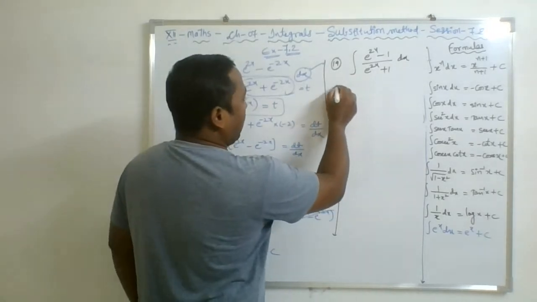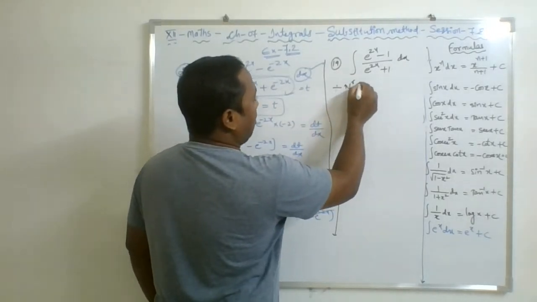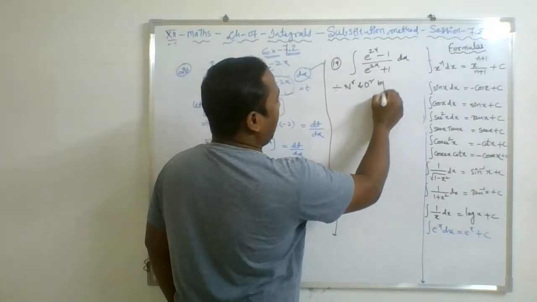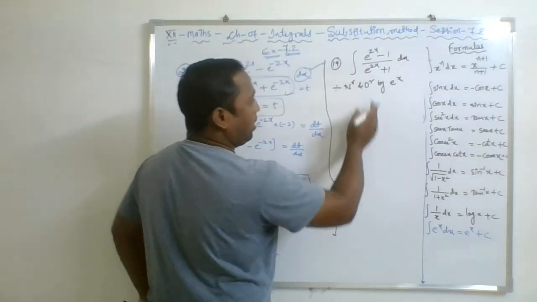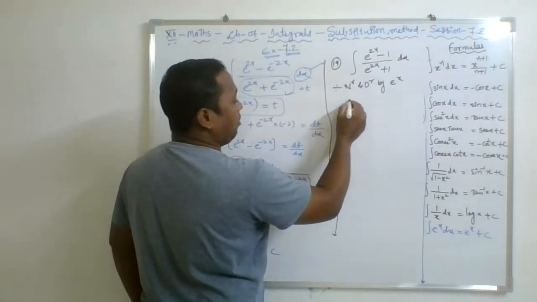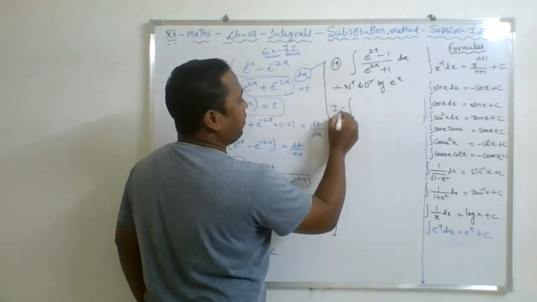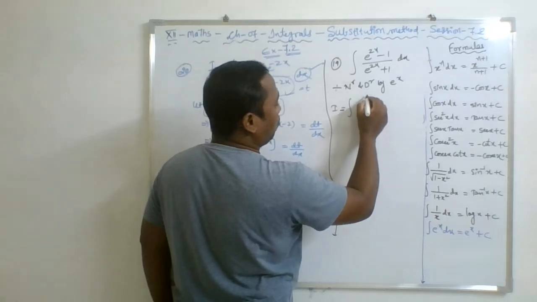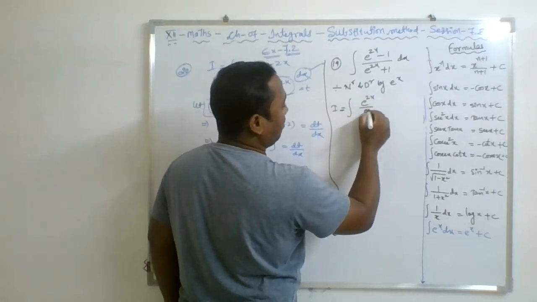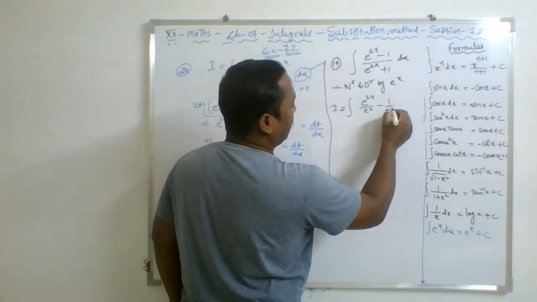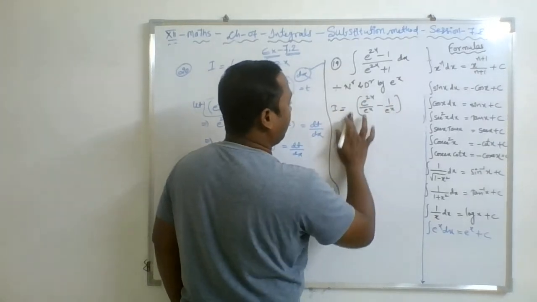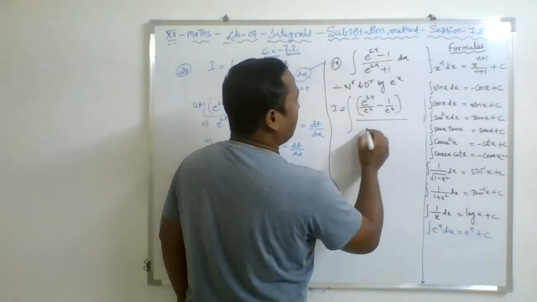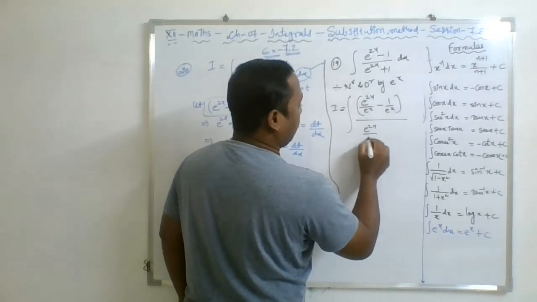If you divide the numerator and the denominator by e power x, what is the function going to be modified into? If I divide every term by e power x, the numerator gets divided and the denominator also gets divided.